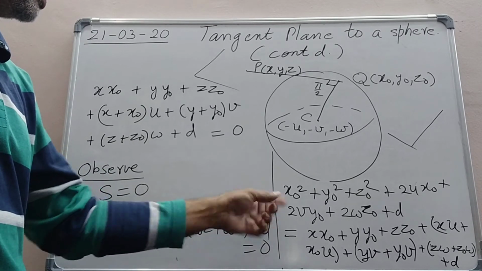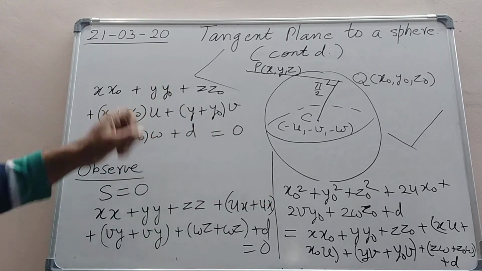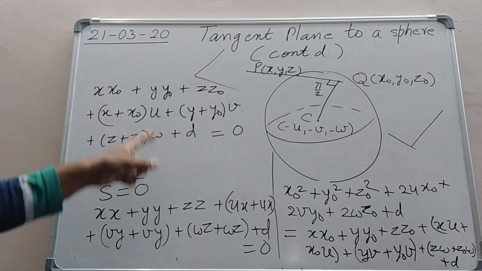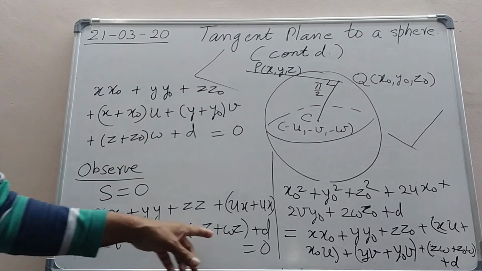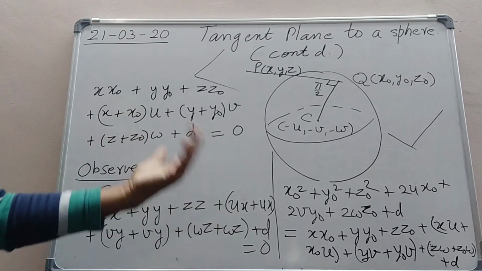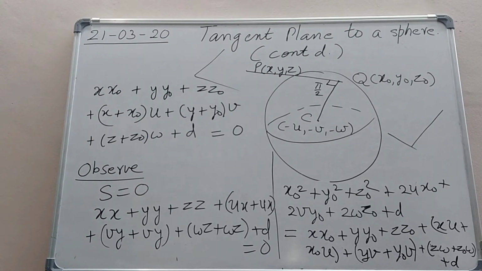Take one of them and replace x by x naught. Similarly, with this bracket, replace y by y naught and z by z naught. And what you have got is the equation of the tangent plane. Okay, so that's all about the equation of the tangent plane.